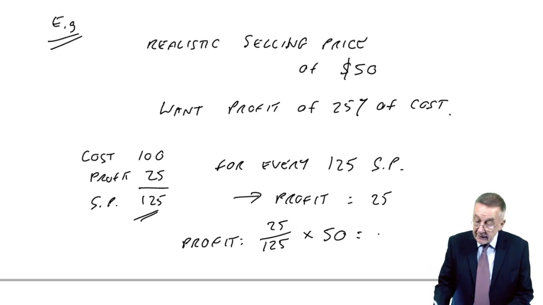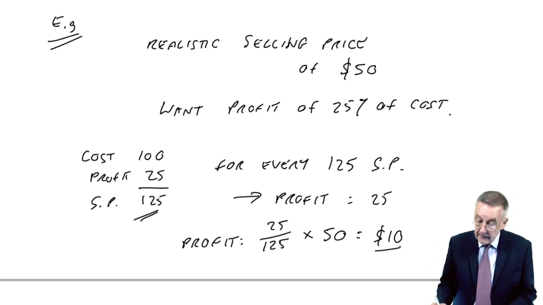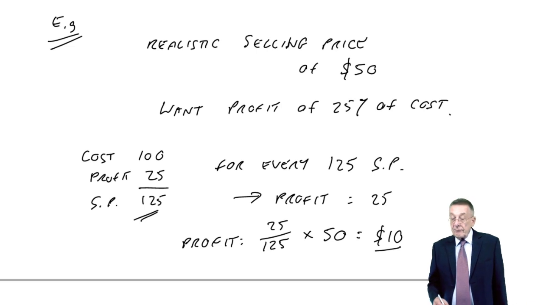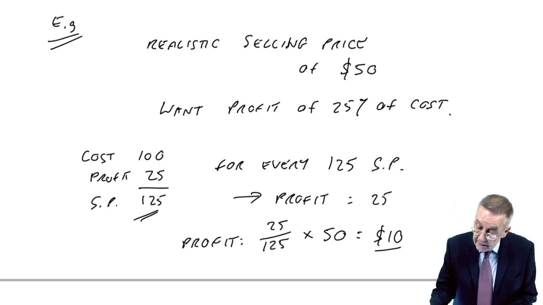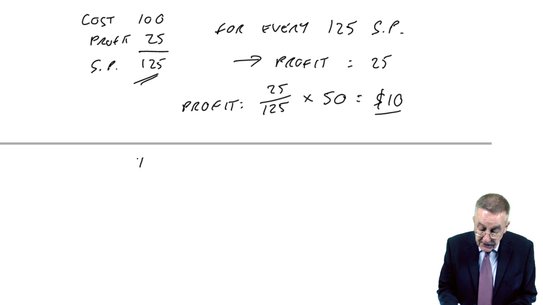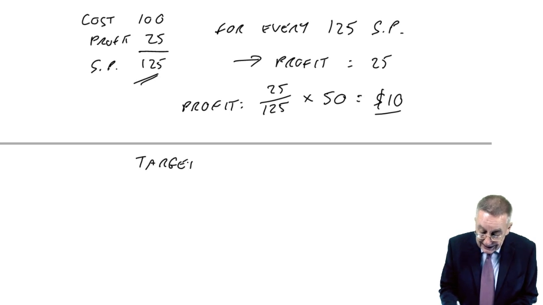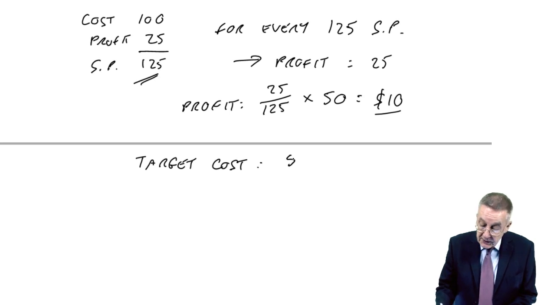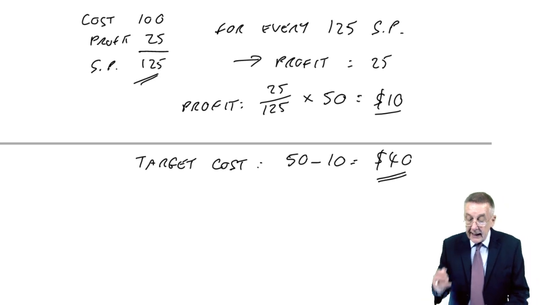So we would need a profit of $10. And now, of course, it's easy. What would be the maximum cost, the target cost? Selling price was 50, we want a profit of 10, the target cost would be 40.